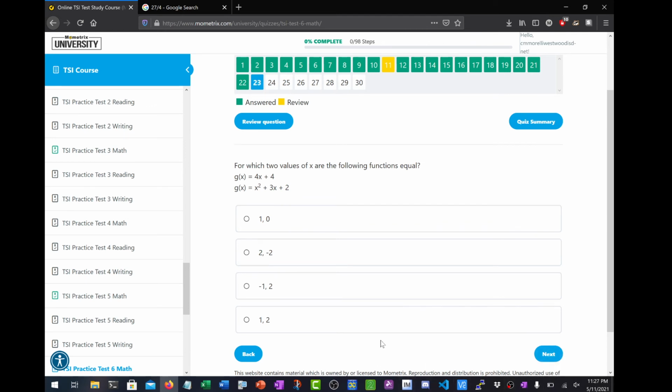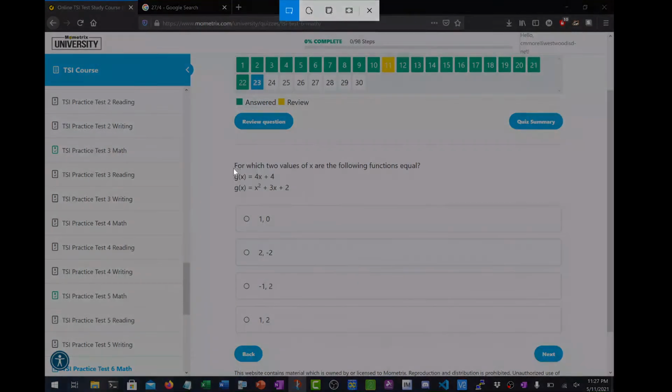So here we're given two equations, and we're asked to find two values of x for this. So what I think we should do is set these two equations equal to one another, and then get all the terms on one side, and then factor that quadratic. That's my plan of action.